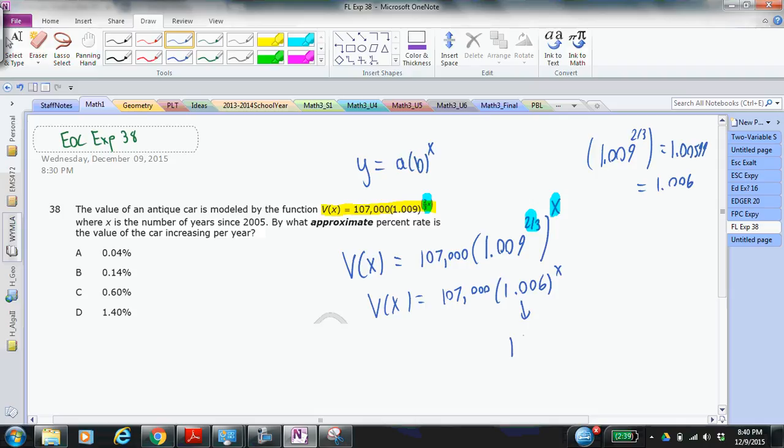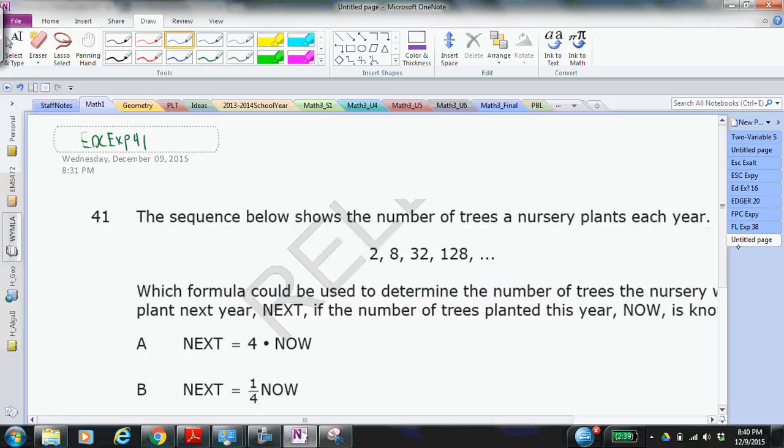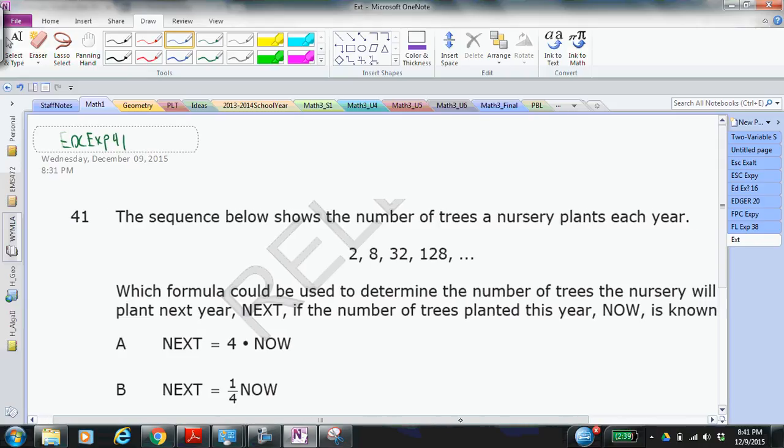Now I can work with this. That's 1 plus 0.006. So what is 0.006 as a percentage? We multiply by 100 and I get 0.6%. That's a hard one because it combines exponent rules and exponential functions. But that's what these EOC questions are always doing. They're always combining multiple concepts. And that one should be doable now that you've seen an example of how to do it. This one should be a piece of cake.